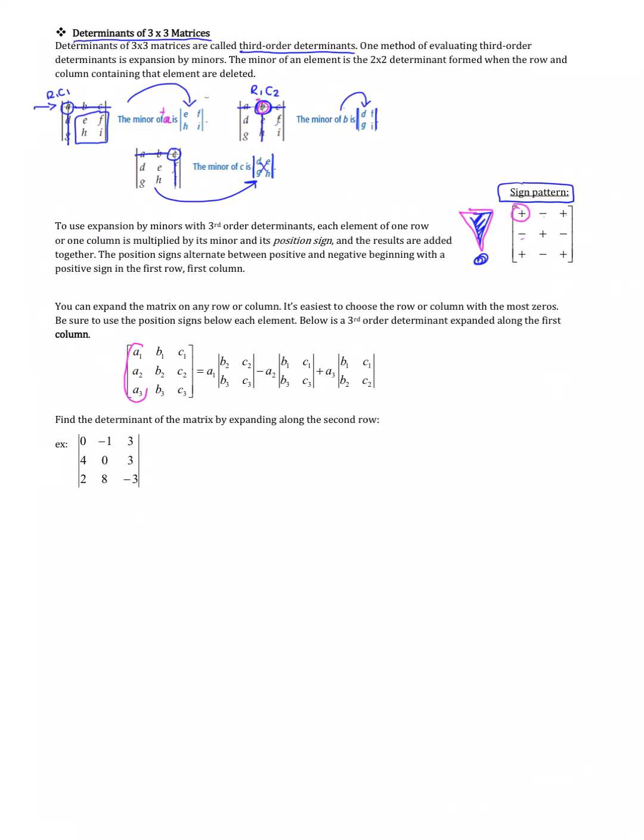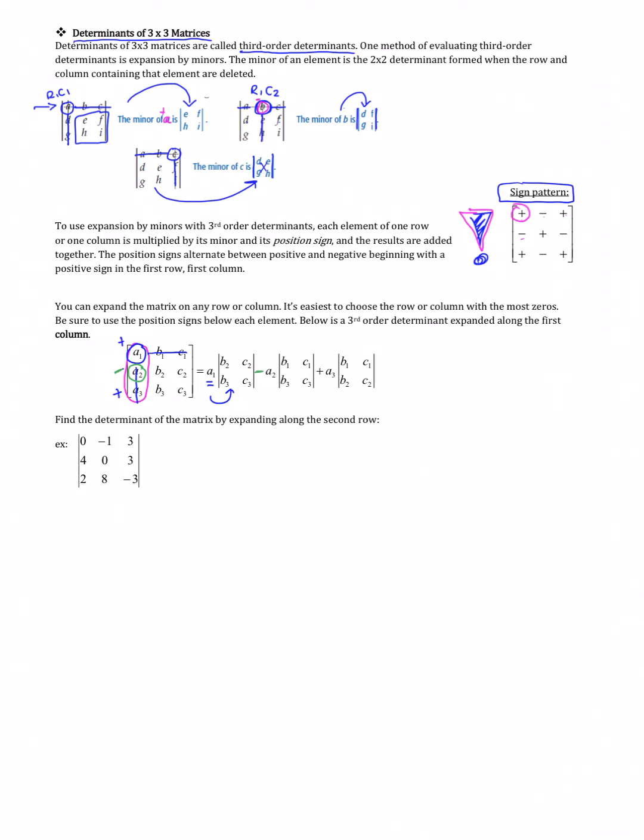if I wanted to expand and find the determinant of this 3 by 3, I start with this first, so this is a plus. I always like to write it so I don't forget about it. So remember, we take that first element, cross out the row, cross out the column, and it gives you the minor, which is a determinant. Then when I go to the second element, it's minus because it has a minus underneath it.